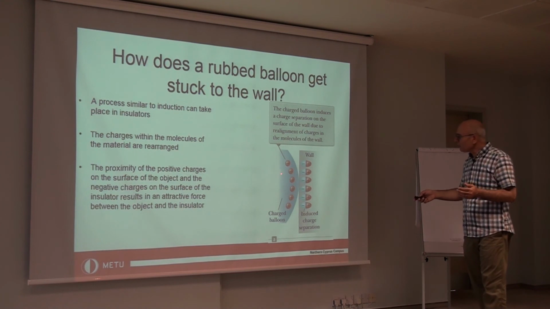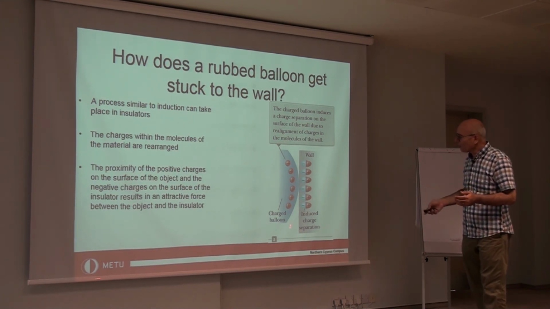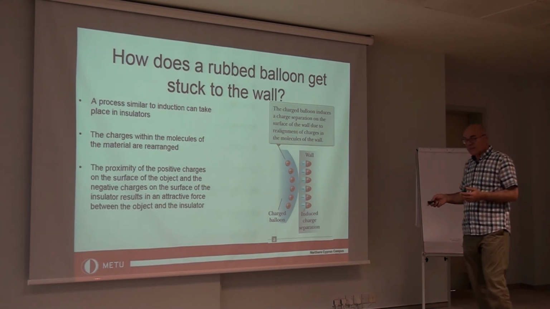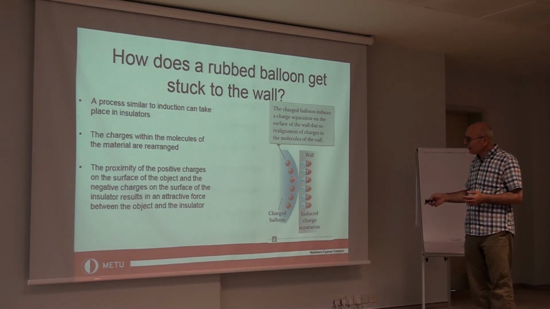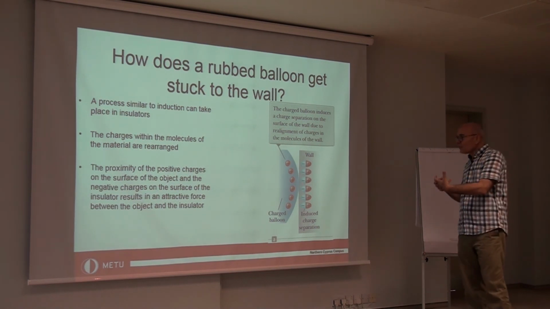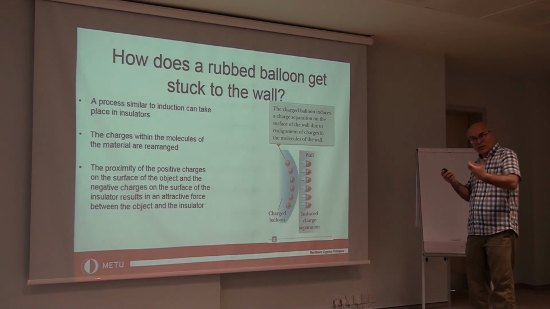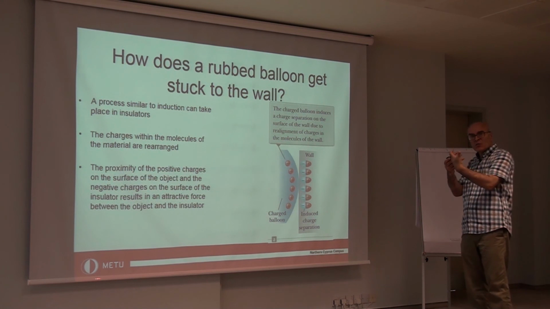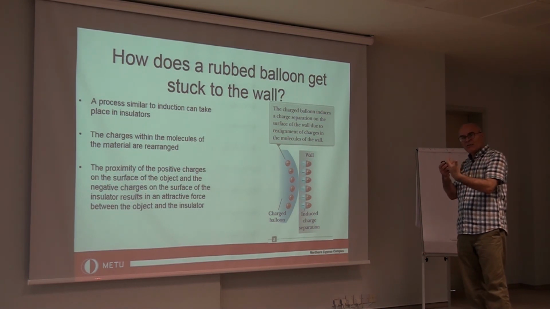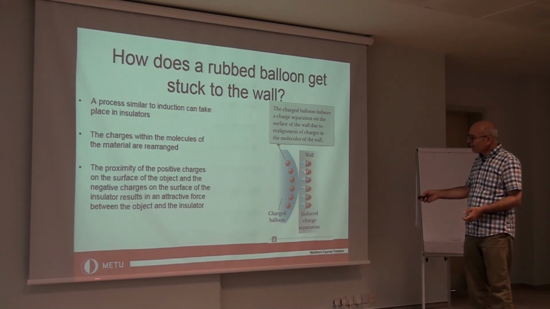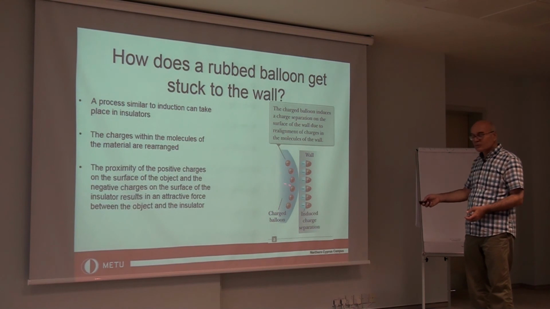So what you do is that you bring the balloon and you put it in contact with the wall. Now, this is an insulator, so there are no free electrons. But the positive charge here will attract the negative electrons from the molecules that are forming the paint. They will not leave their molecules, but each molecule will be polarized, with the electrons of that molecule coming closer to the balloon, to the surface here.